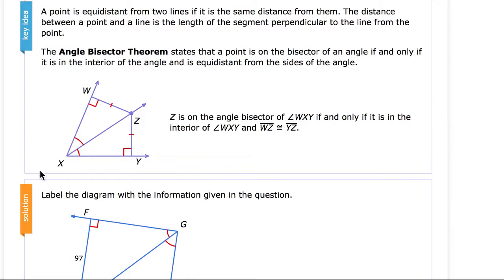Z is a point on the bisector of angle WXY if and only if it is in the interior of angle WXY and WZ is congruent to YZ. So WZ has to be congruent to YZ in order for us to conclude that this is an angle bisector. Not only are these two angles congruent, but these segments are also congruent.